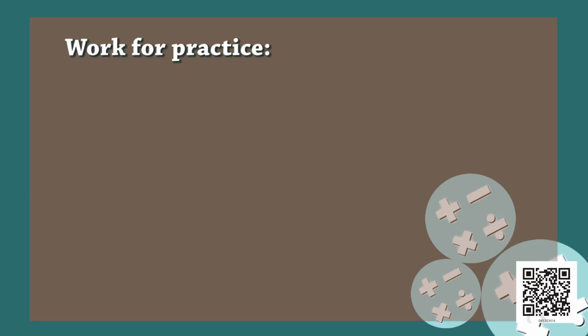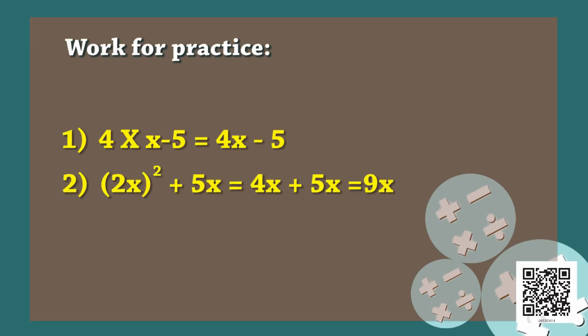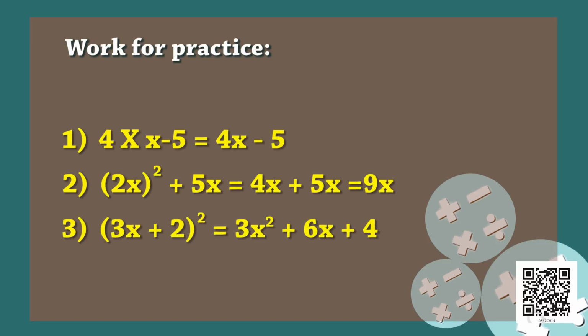Find the error and correct it. 4 into x minus 5 is equal to 4x minus 5. 2x whole square plus 5x is equal to 4x plus 5x, that is equal to 9x. 3x plus 2 whole square is equal to 3x square plus 6x plus 4. In these examples, try to identify the error and rectify it and find the correct answer.